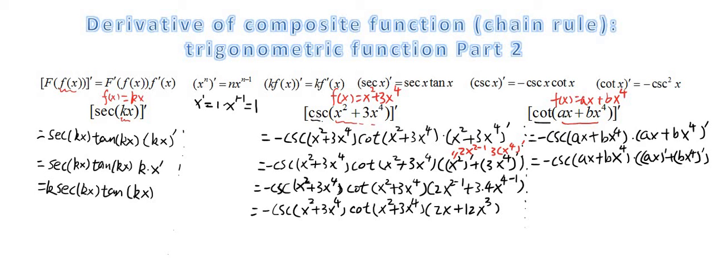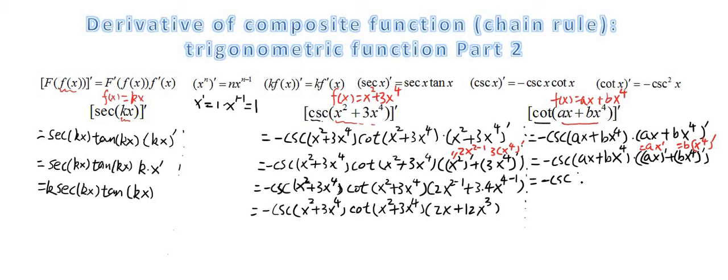And again, we can tell for the first term, ax, that we can apply the constant multiple rule, right? So we have a times the derivative of x. For the second term, very similar, that should be bx to the power 4, prime. Now we can simplify it again.